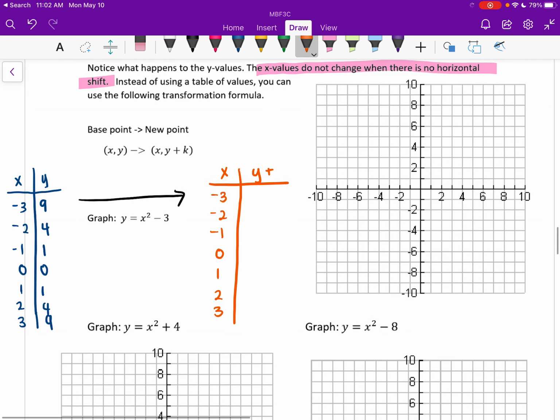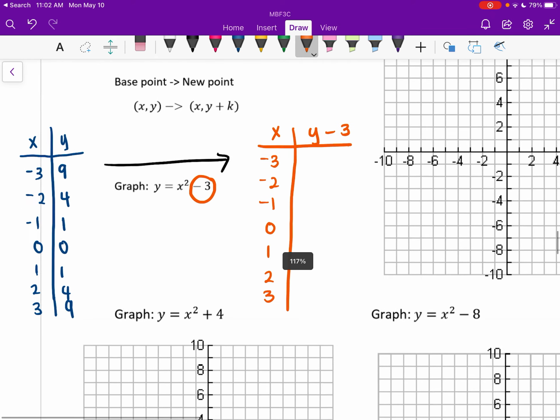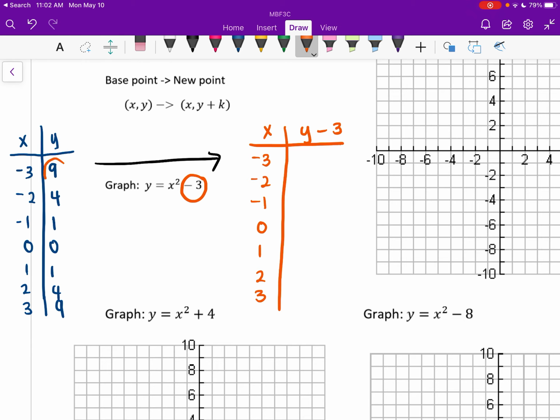So I'm going to go back here and I'm going to say, okay, what's my k value? It's -3. So I'm going to do y plus -3, which is just going to translate to y minus 3, right? So now that it's y minus 3, all I need to do is take my original y from here, which is 9, minus 3, which is going to give me 6, right?